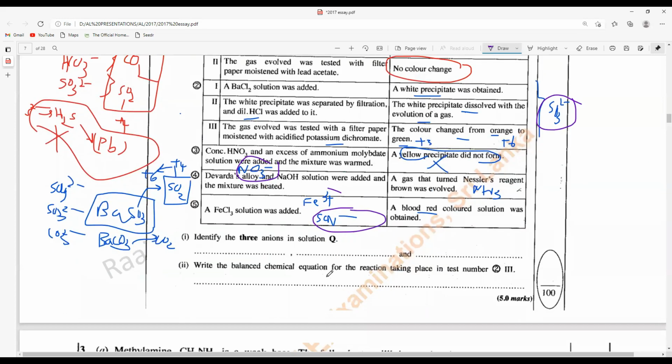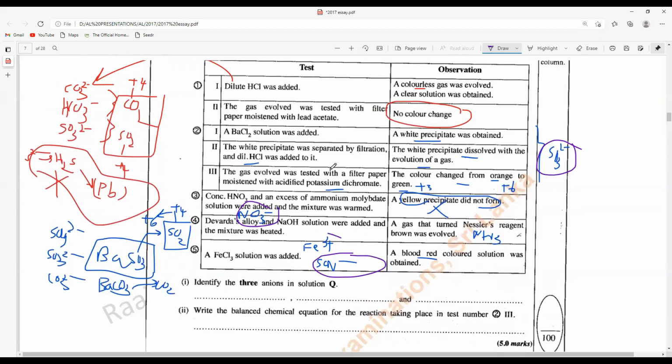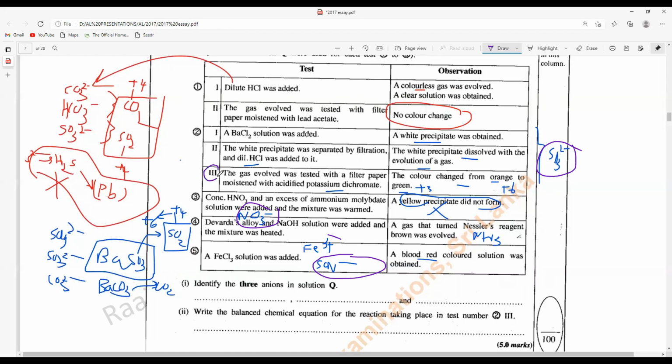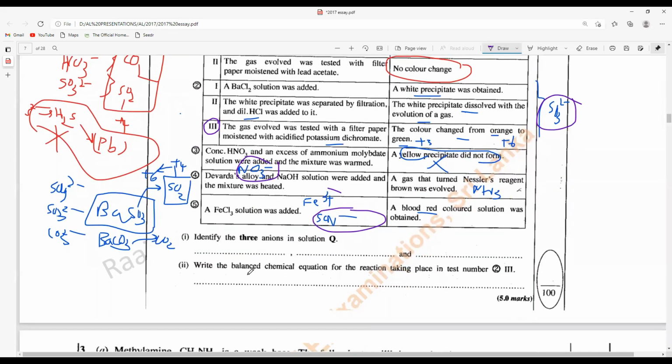Write the balanced chemical equation for the reaction taking place in test number 2-3. So test number 2-3 is this. So you can typically write this one as far as we have discussed. So SO2 should go towards SO4 2 minus. So you can balance here by adding 2H2O here, because 2 oxygens are missing.